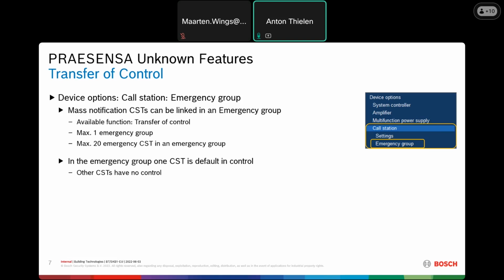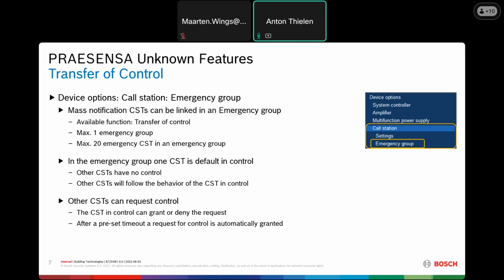So when you have, for example, 3 call stations, you assign one of them as the one which is default in control. The other call stations at that moment don't have any control. They follow the behavior of the call station which is in control. Other call stations can next request control. They can send a request command to the one which is in control, and that call station can grant or deny the request.